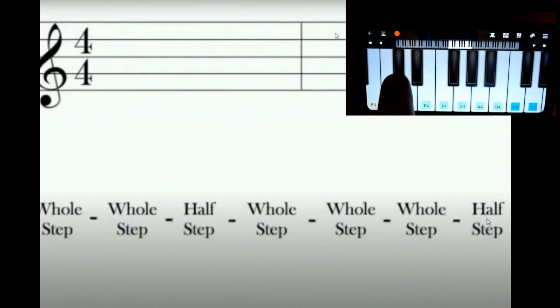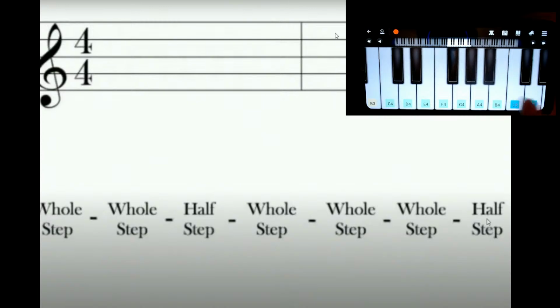There's your C. Up a whole step to D. Up a whole step to E. Separated by a half step, as we just said. Now we've got a whole step to separate the tetrachord, so it's going from F to G. And then we do the next tetrachord: whole step to A, whole step, half step to C. So it starts on a C, and it's a major scale.